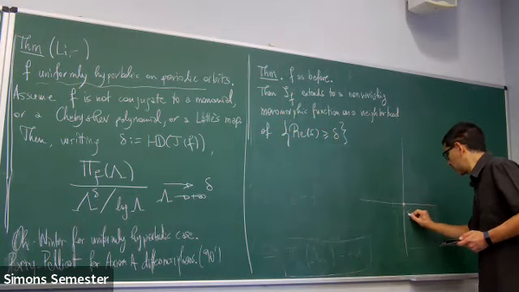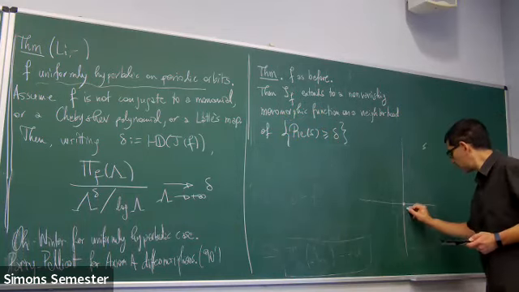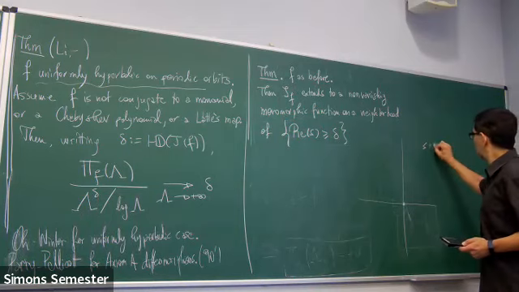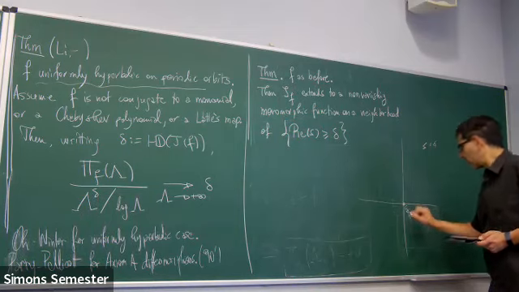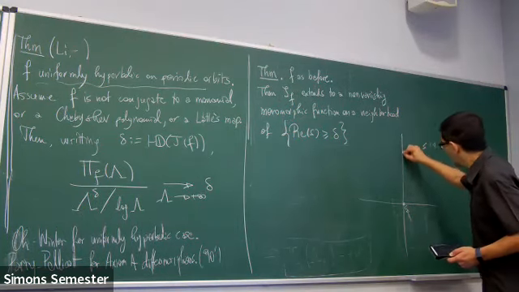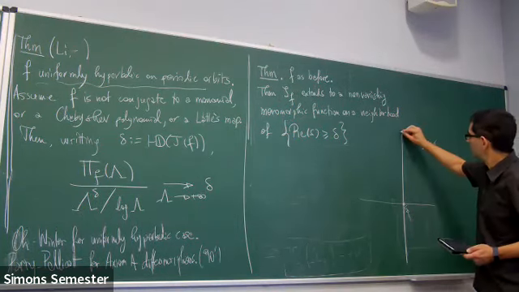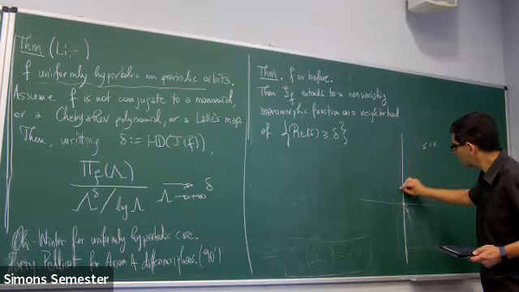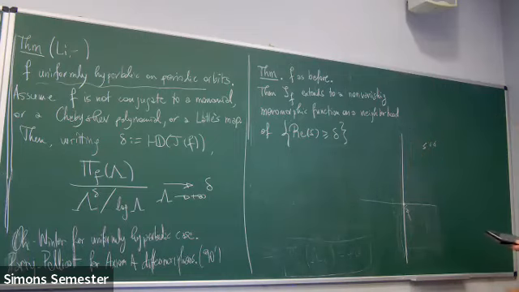So here we have the s-plane. Delta is the Hausdorff dimension, and what I'm saying here is that there's an extension to some neighborhood of this closed half plane to the right.